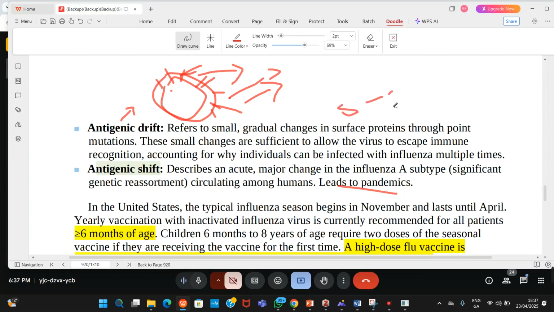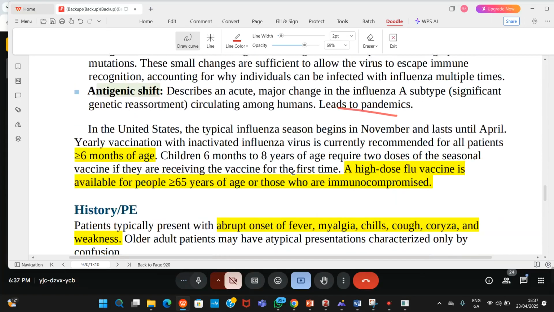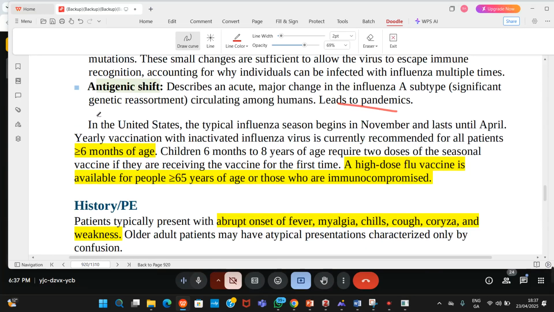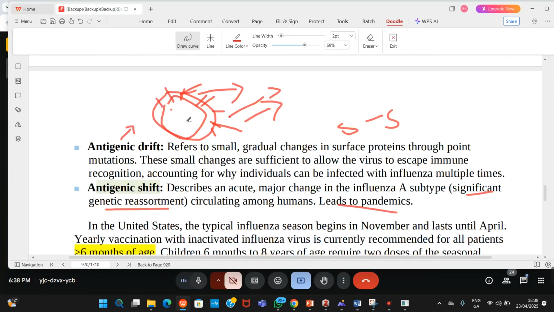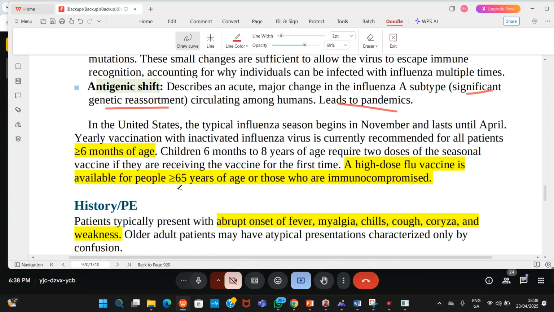So shift is more severe than drift. Shift usually causes pandemics, and it is due to significant genetic reassortment, so the entire genome is changed. Drift is just due to point mutation in one part of the genome.